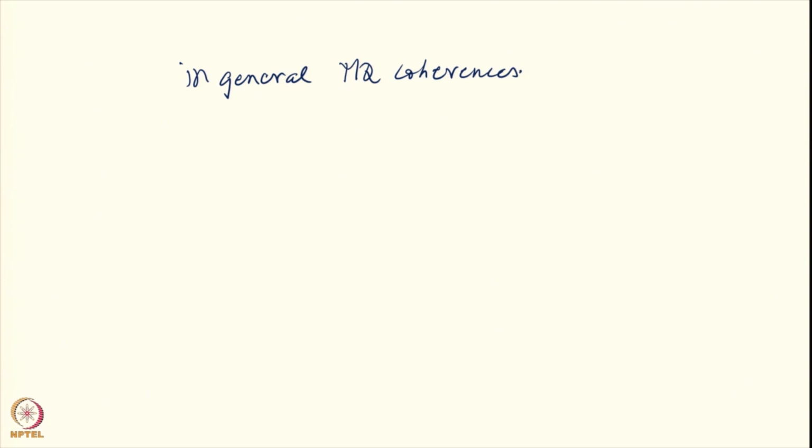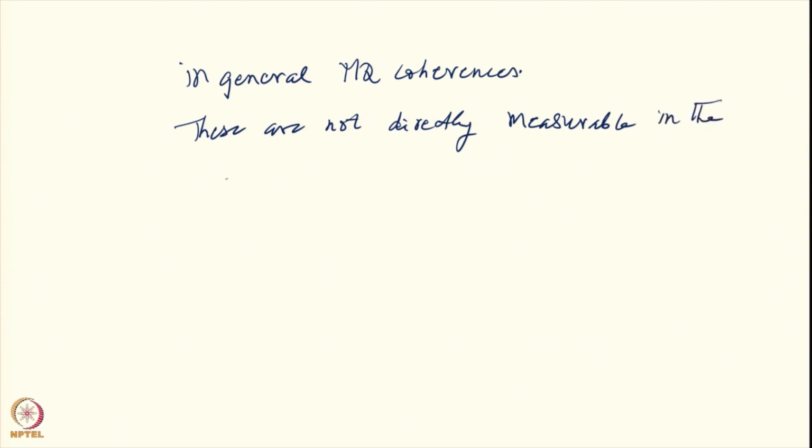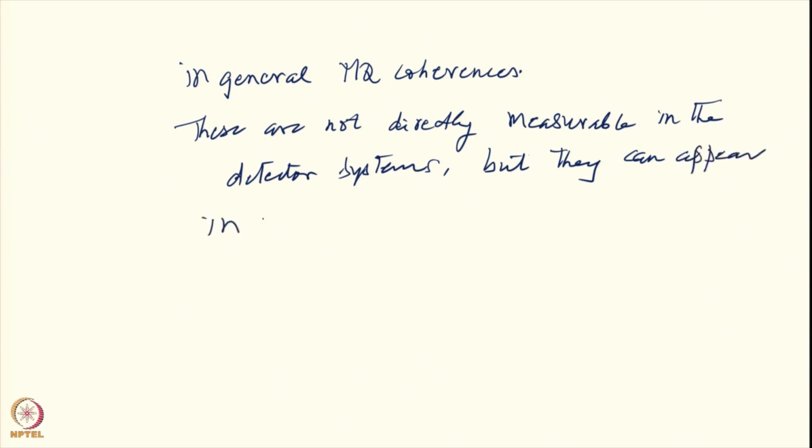When you put a detector, these are not directly observable and they have to be converted into single quantum coherences for detection, but they can appear in your transfer pathway, in the magnetization flow.